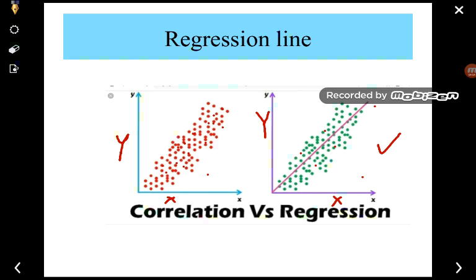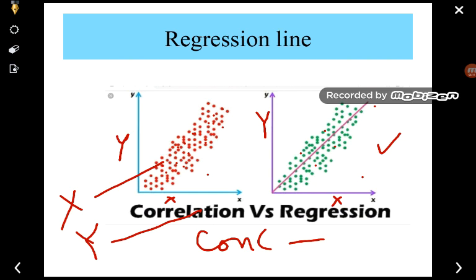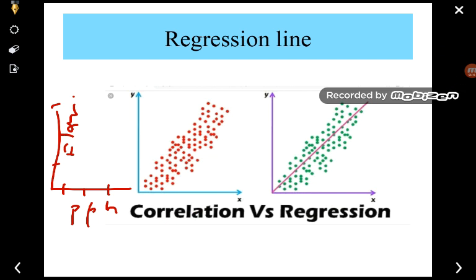Here we take certain variables on the x-axis and certain variables on the y-axis, and based on these we conclude that this much concentration represents this much absorption of the flame photometer.